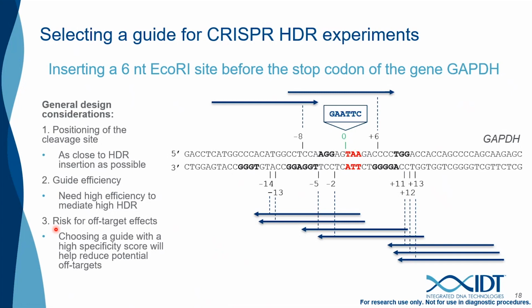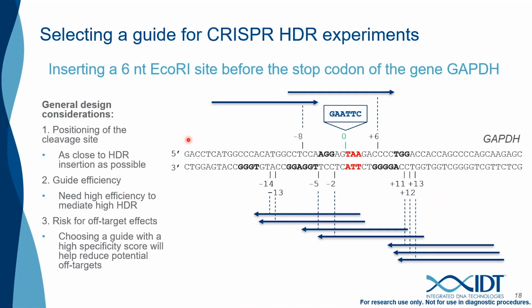So in general, you can use in silico tools such as our Cas9 design tool for addressing some of these concerns. But first, we'll be walking through a case study highlighting some of these considerations, such as the positioning and guide efficiency.